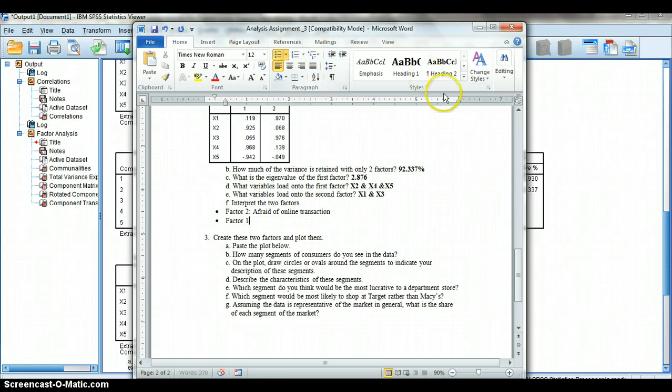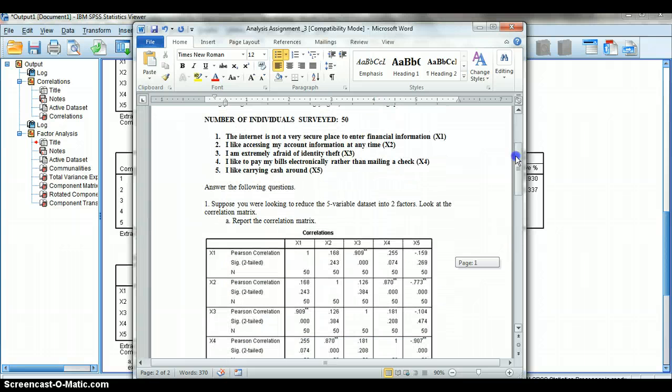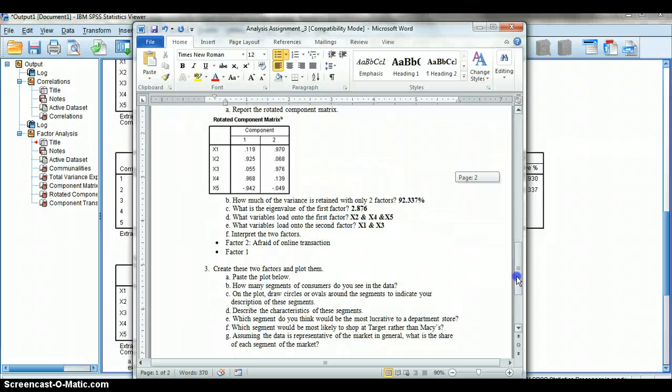Factor 1 is all the other ones. Oh, sorry, factor 1, they like accessing account information at any time. They like to pay bills electronically. And it was a negative: I like to carry cash. So they actually don't like to carry cash.